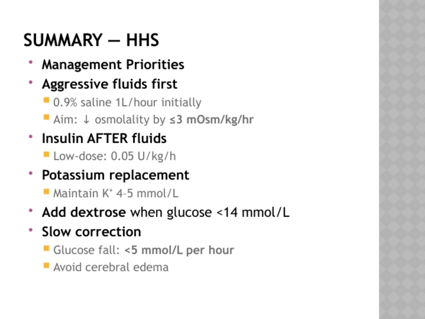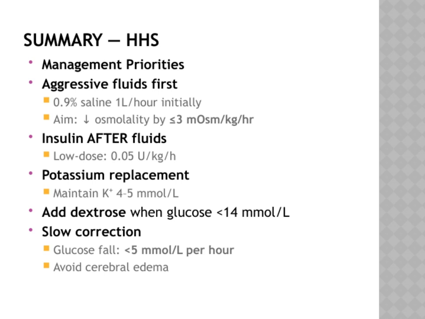Potassium management is also crucial. We need to maintain serum potassium levels between 4 and 5 mmol per liter, because insulin can drive potassium into cells and cause hypokalemia. If blood glucose drops below 14 mmol per liter, we add dextrose to prevent hypoglycemia during correction. Remember, correction should be slow and controlled.